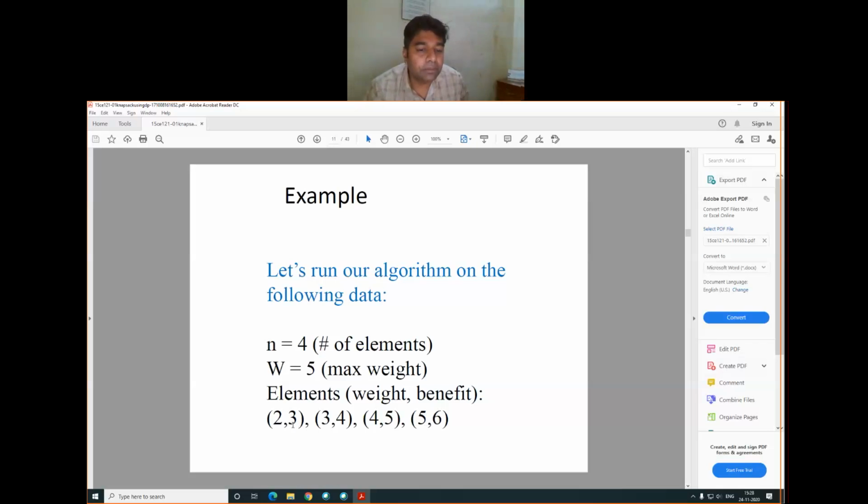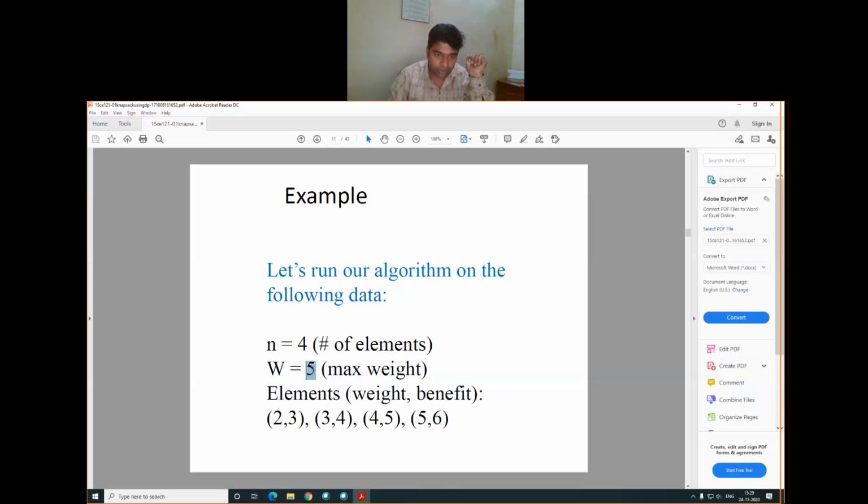Okay, the first element has weight 2, and the benefit or profit associated with the first element is 3. The second element has weight 3 and the profit associated with the second element is 4. The third element has weight 4 and profit 5. The fourth element has weight 5 and profit 6.